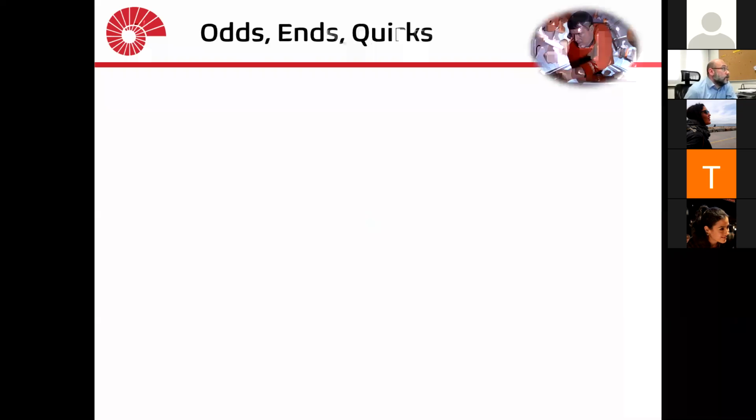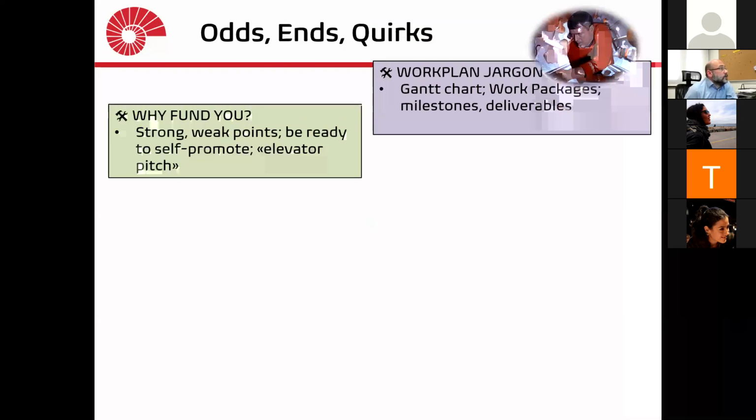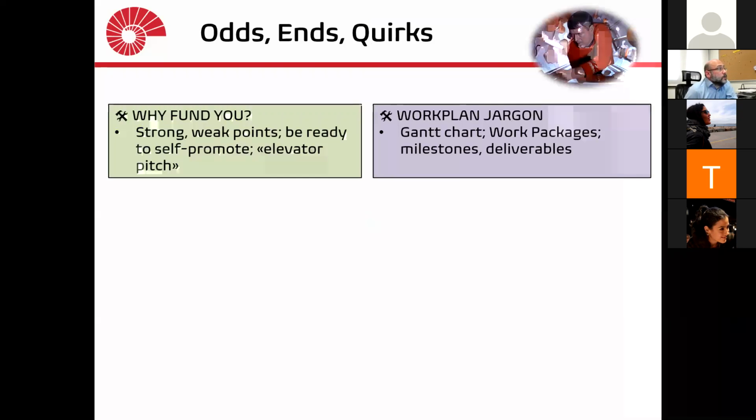Now, for this part, some odds and ends, a couple of points. Why fund you? You have to analyze your strong points and your weak points. Of course, always in terms of the rules of the scheme itself, the rules of the grants funding program that you are applying to.